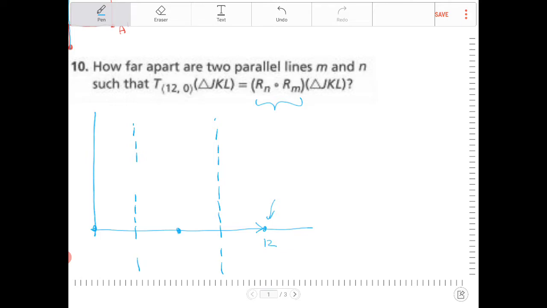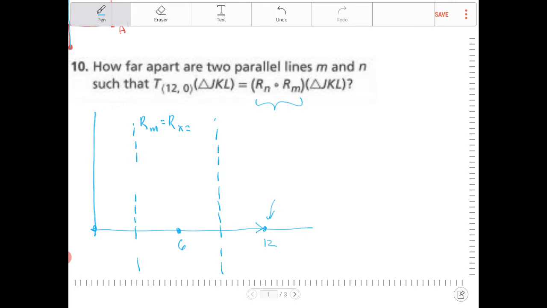So what could that be? Let's say I reflect something over M, so this is R sub M, a reflection over x equal to something. I want to end up at 6.